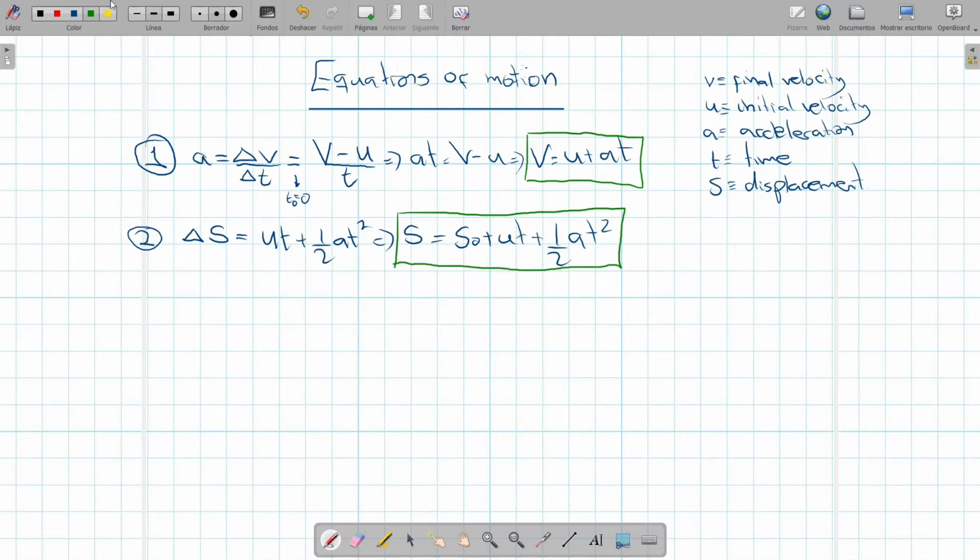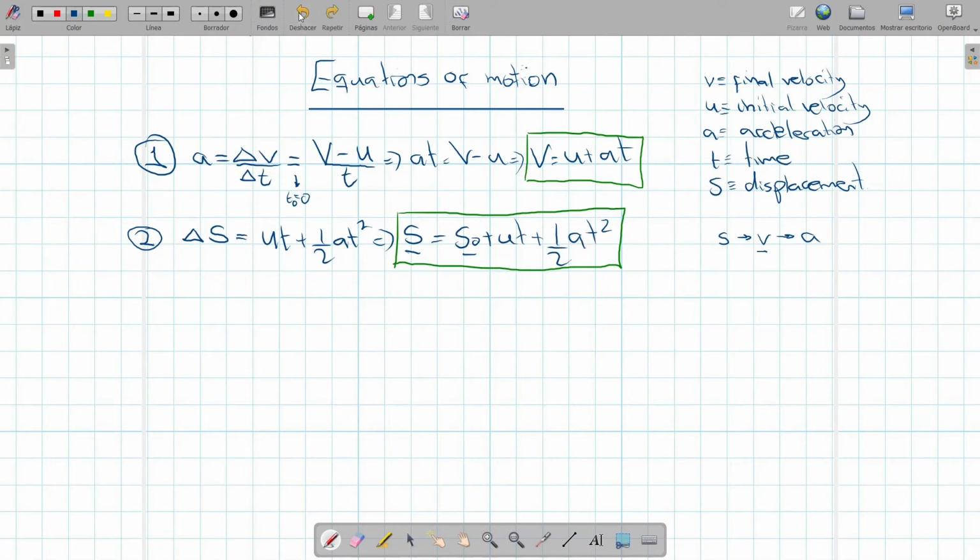Okay, a way to remember those equations of motion is if you consider that you have S, so displacement, then velocity, and then acceleration. The equations always give you whatever you are measuring, in this case displacement, equals the initial value of the thing you're measuring, plus the next variable multiplied by t, and the next one multiplied by a half at squared.